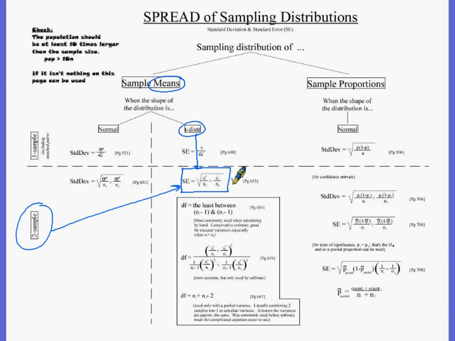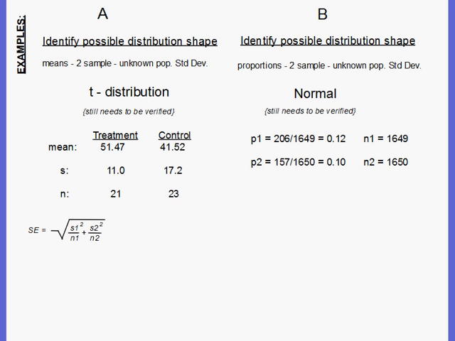That's our measure of variation. Because it's a t-distribution, we are going to have to talk about degrees of freedom. We'll do that in just a moment. But I'm going to copy this equation down right here. At this point, it's a matter of plugging in S1 and N1, S2 and N2, cranking the numbers, and we have our measure of variation.